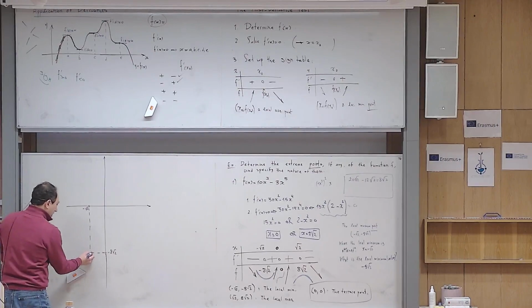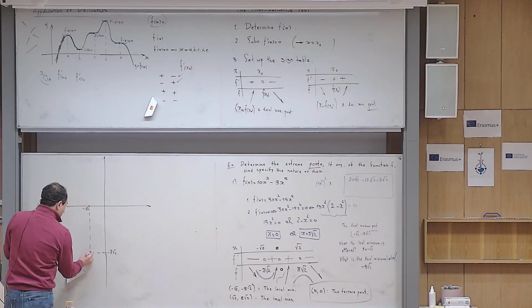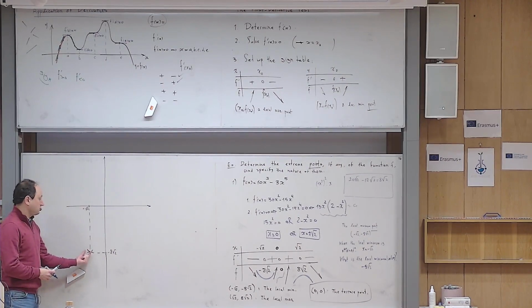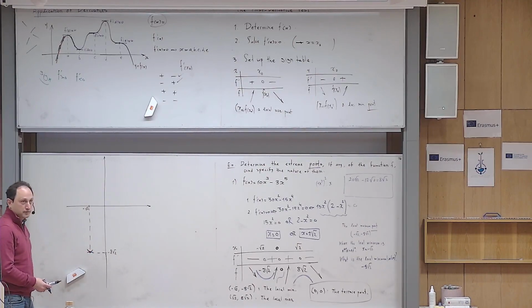This is important: when I say it's a local minimum, it means that the graph around this point looks like this. It means that this is the generic behavior. It might be very narrow, wide, or moderate, I don't know, but this is the type of shape that you expect around the local minimum point.